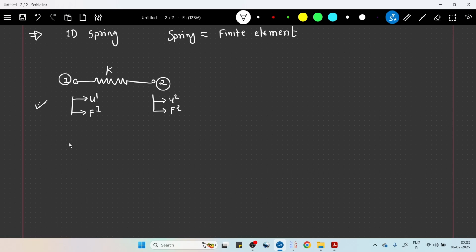So can I write F1 something like this? F1 is equal to k (u1 minus u2), and F2 is equal to k (u2 minus u1). So what I did: the force at node 1 is nothing but the spring constant or stiffness times the relative displacement, or net displacement, at node 1.